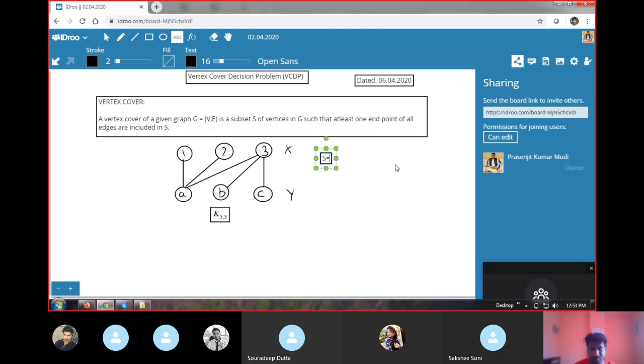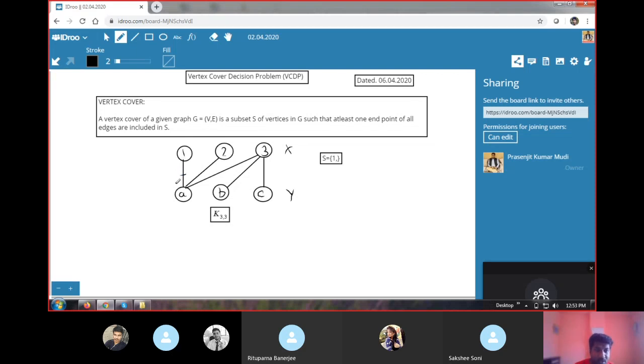S equal to, let's say, if I include 1, then this edge is covered.